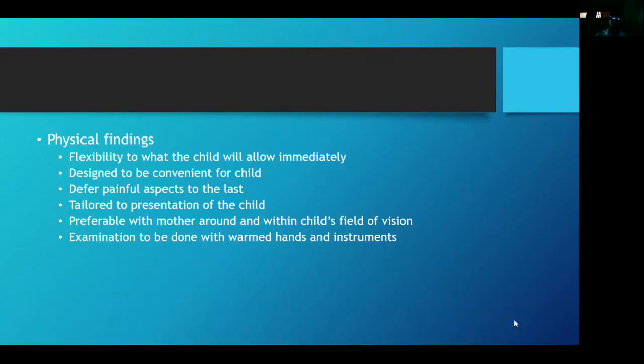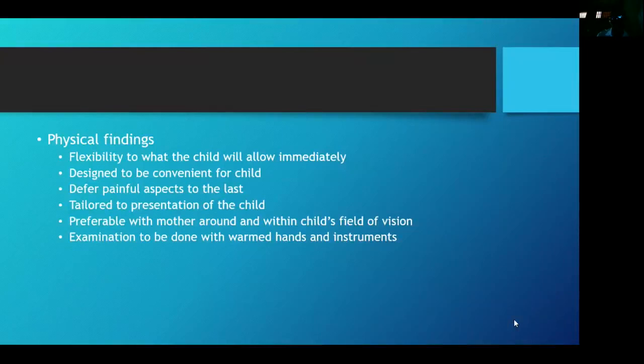We have to be flexible to what the child will allow at that time. And then the physical examination has to be designed to be convenient for the child. We tend to defer those things that will be painful for the child until later, when the child has been comfortable with us. And then we tailor the examination to the child.